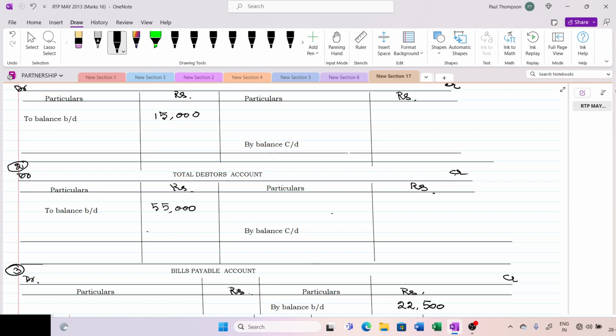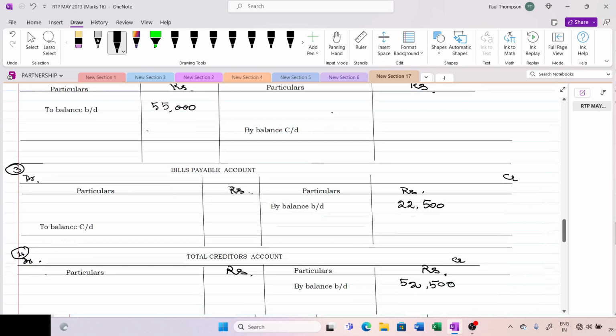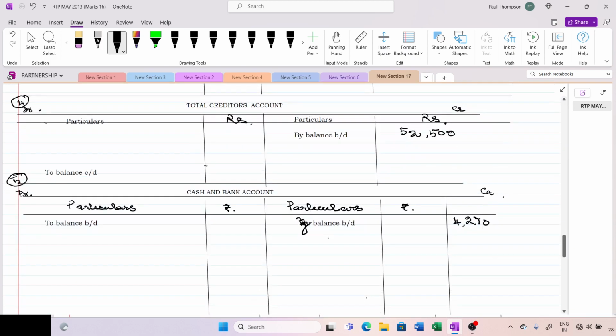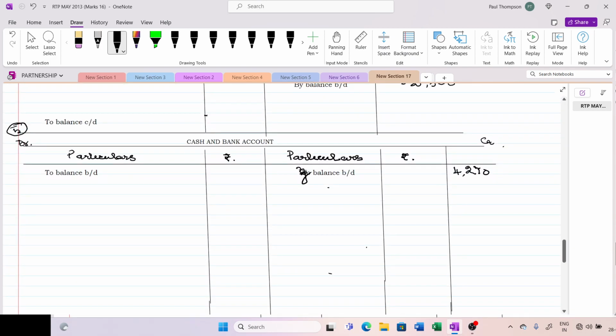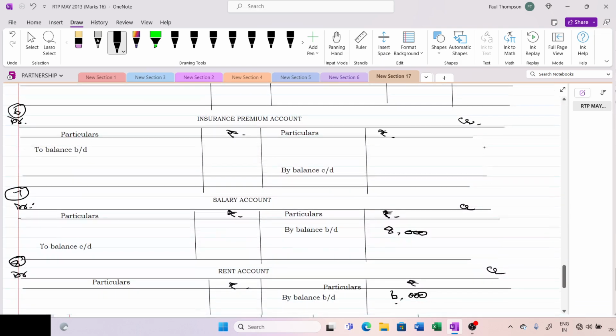Now coming to cash and bank, I will write because the cash opening balance they have given is 300. Let me write that. Then coming to unexpired insurance. Insurance is a prepaid insurance. So the balance is 2,400.